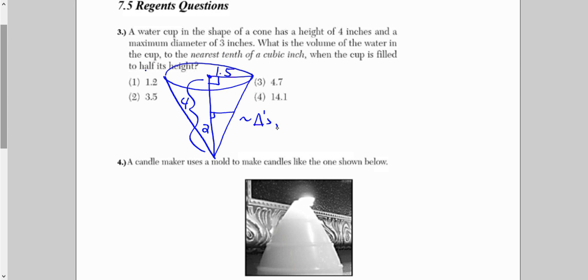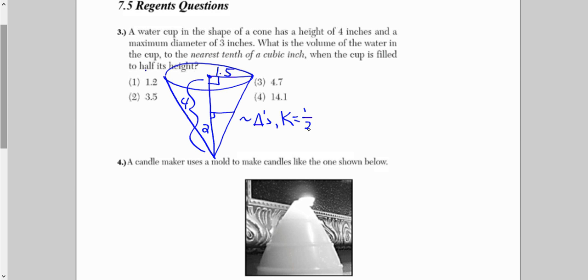If we thought of this as a dilation, what does our K equal, our scale factor? Big and small, a half. So that means all the corresponding sides are in a 1-to-2 ratio.